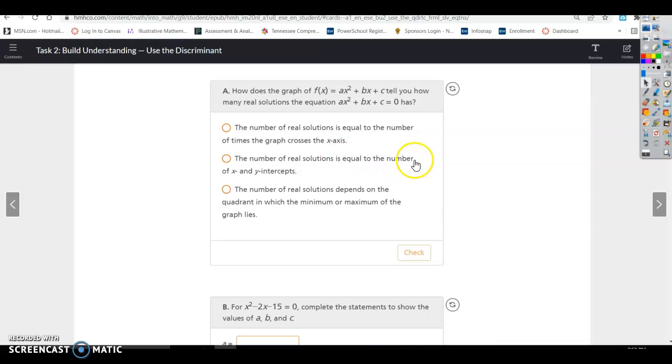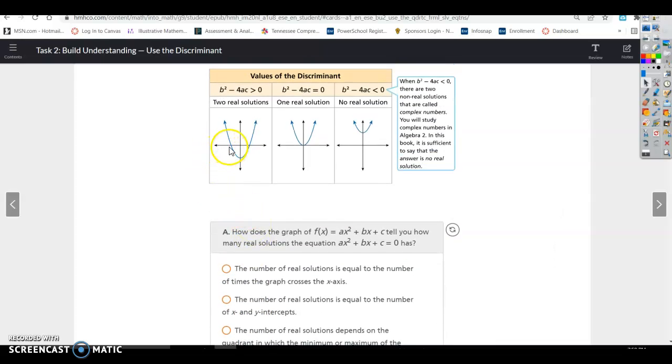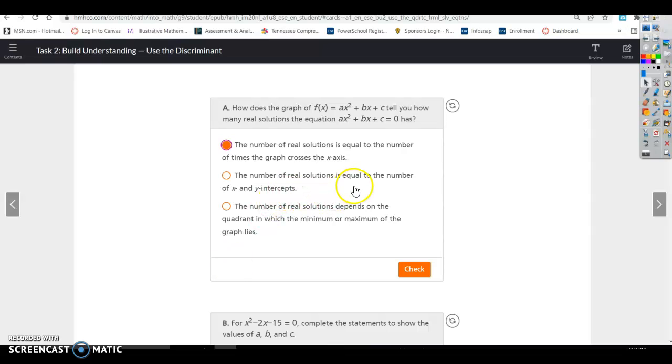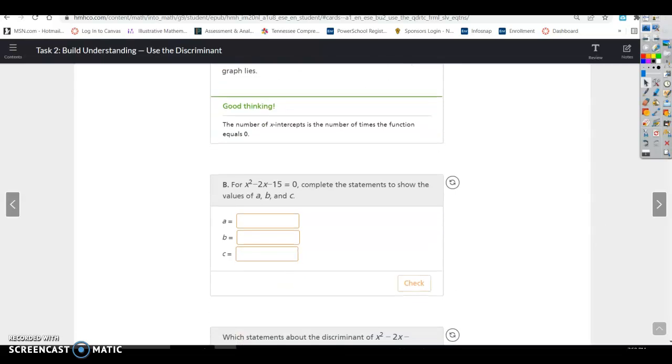If you look up here, this one has two solutions because it crosses the x-axis twice. So the first answer is the correct answer.